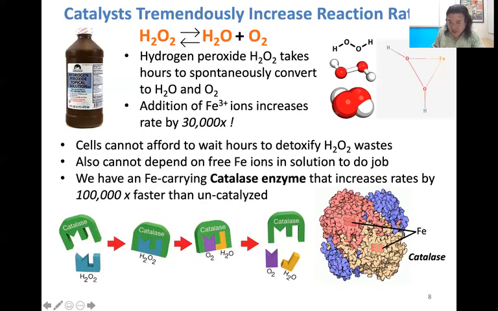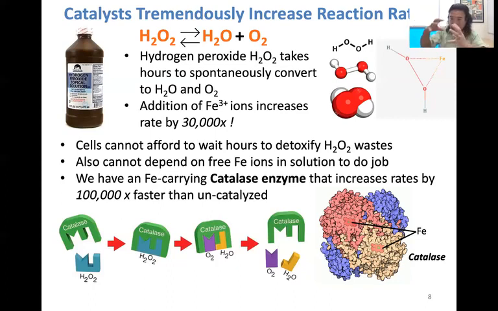It's made up of different units of the individual catalase proteins, and these units have a binding site for iron. So in other words, the catalase enzyme, this protein, is carrying around the iron, and it's also the right shape to bind peroxide, thereby bringing the iron and the peroxide together much more rapidly than if you just were waiting for peroxide and iron to float around and randomly bump into each other.